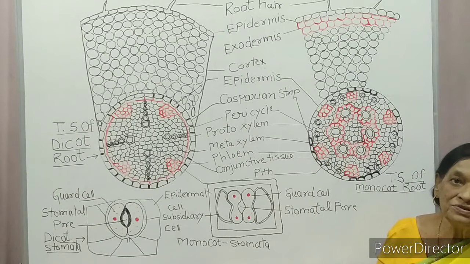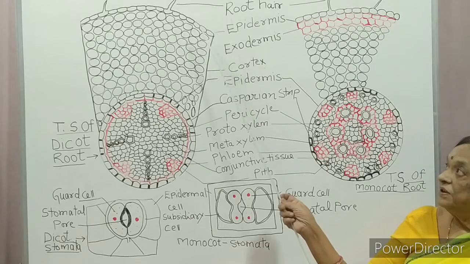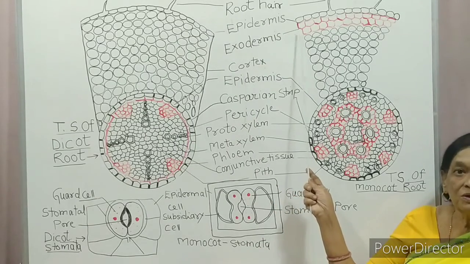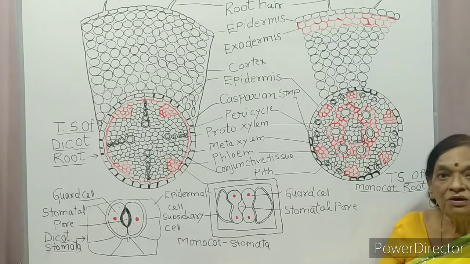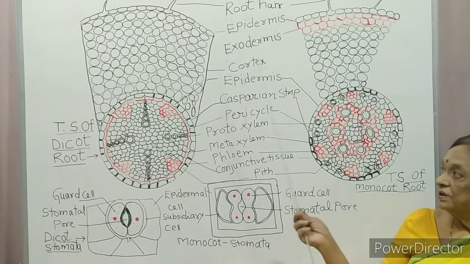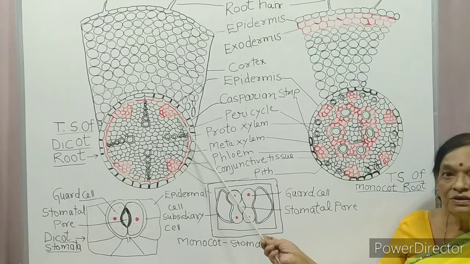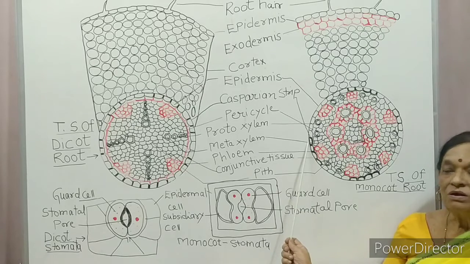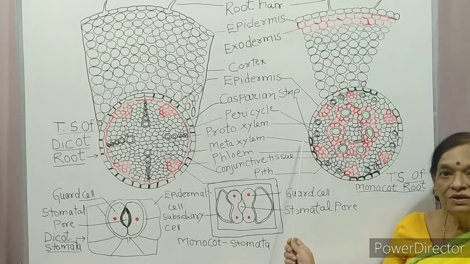Now what are the differences between these two roots? The difference is that in monocot root, exodermis made up of sclerenchyma is present. Then here Casparian strip is present on the radial wall. In monocot it is present on radial as well as on inner wall.